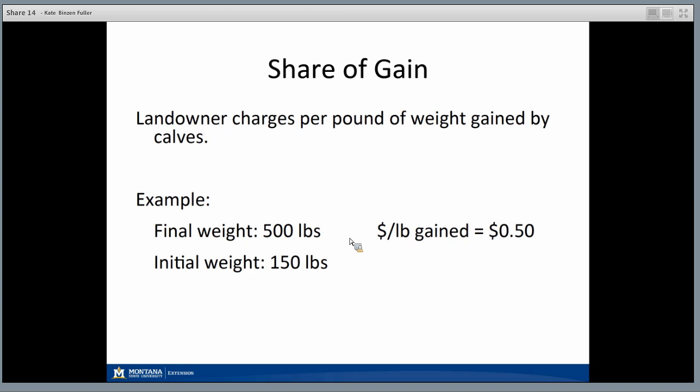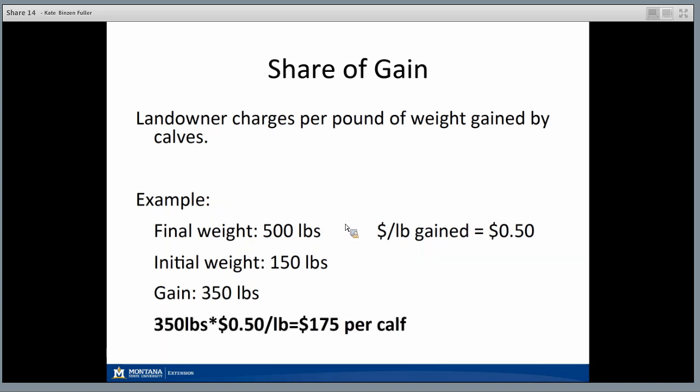So this is just a pretty simple example with numbers that are relatively easy. So while they're on that pasture, they gain 350 pounds. So we just look at 350 pounds times that 50 cents per pound. So we've got $175 per calf, and that's the amount that the tenant will pay the landlord.